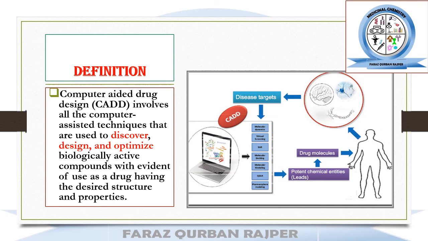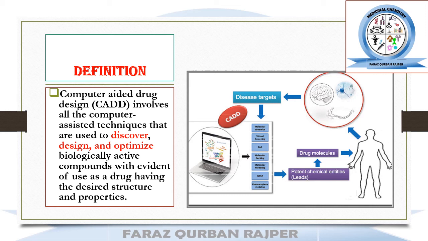Computer-aided drug design. Computer-aided drug design involves all the computer-assisted techniques or application of different computer software to discover, design, and optimize biologically active compounds, with the intent to be used as a drug, having the desired structure and properties.